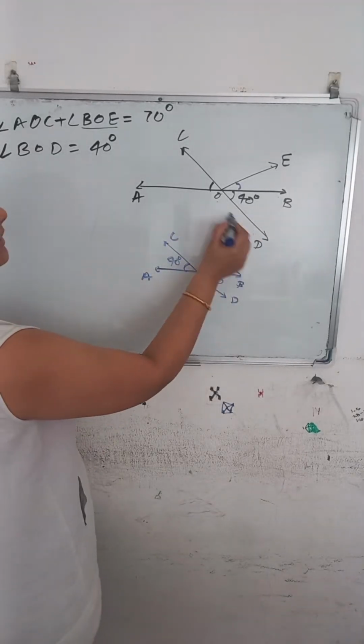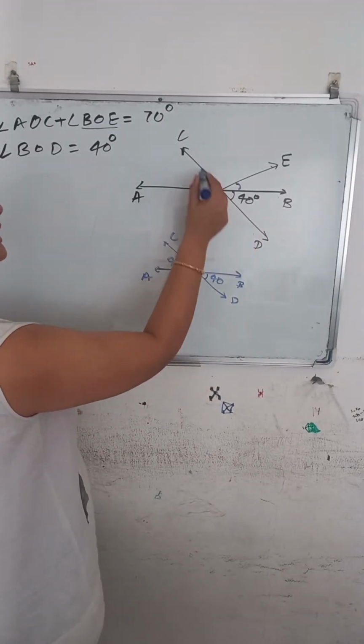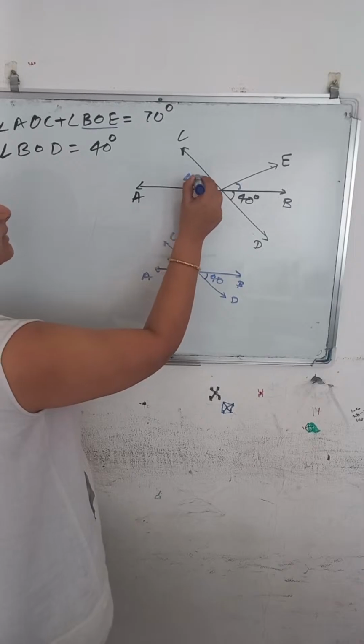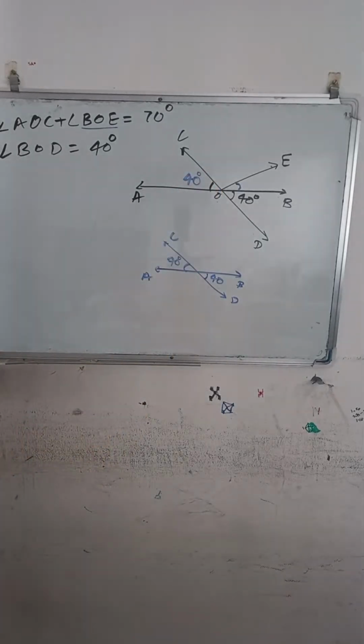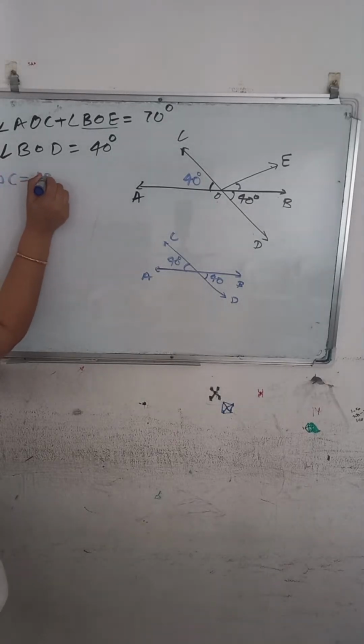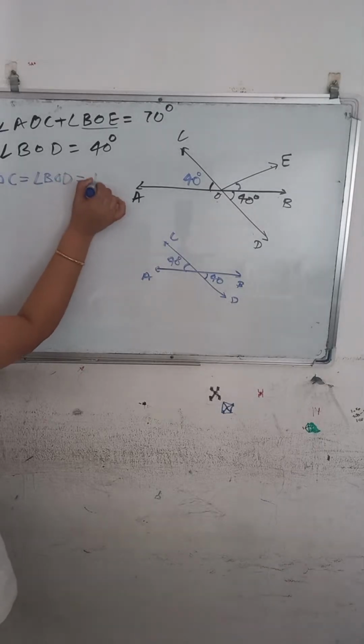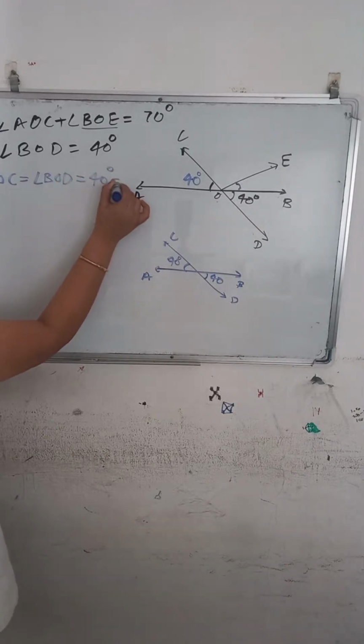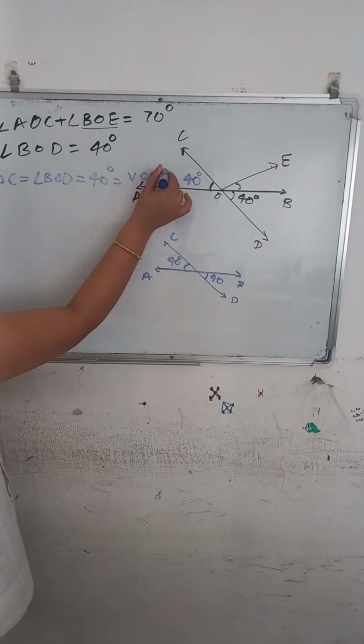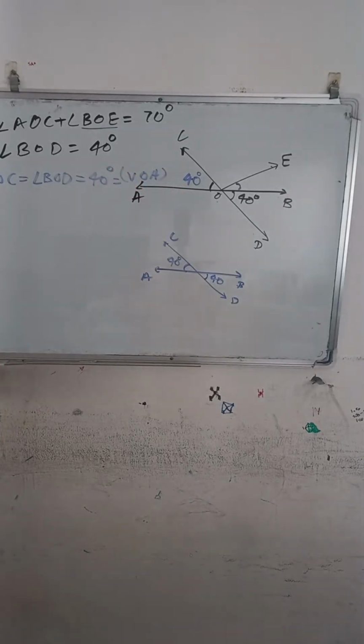So angle BOD is 40, then angle AOC is also 40 degrees. So I can write angle AOC is equal to angle BOD, which is equal to 40 degrees, vertically opposite angles. Write the reason also, it is very important, because now you are in 9th standard. Without reasons they will not accept your answer.